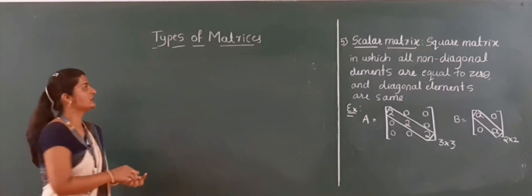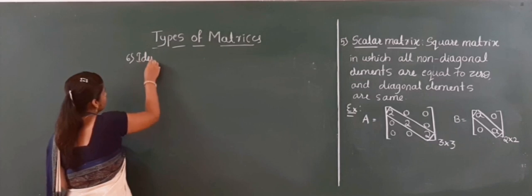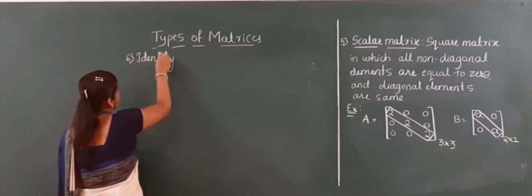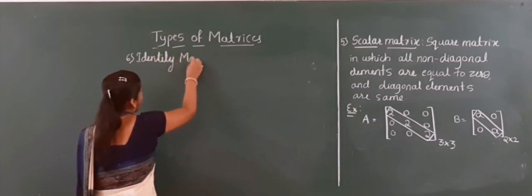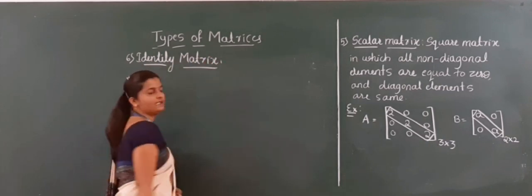So I will move to the next type of matrix, that is the identity matrix. So what do you mean by identity matrix?